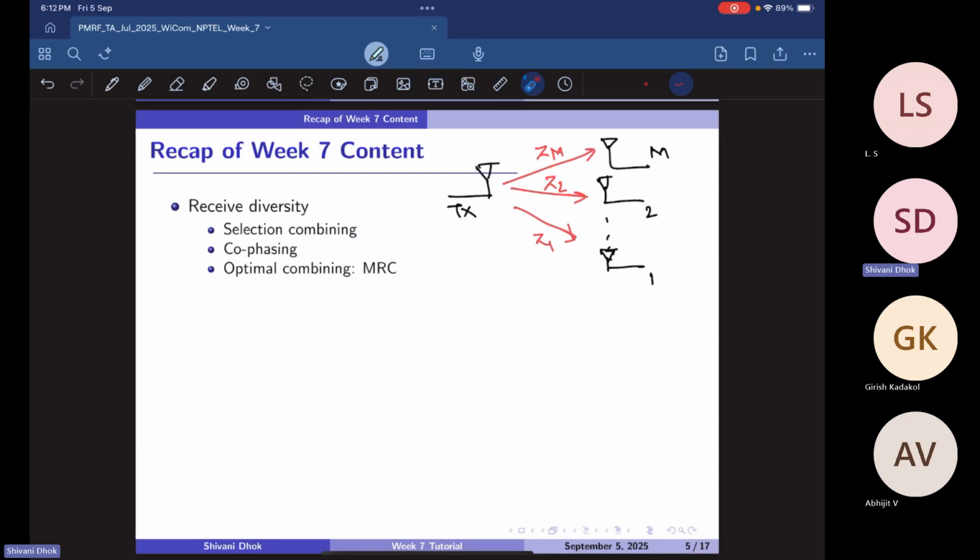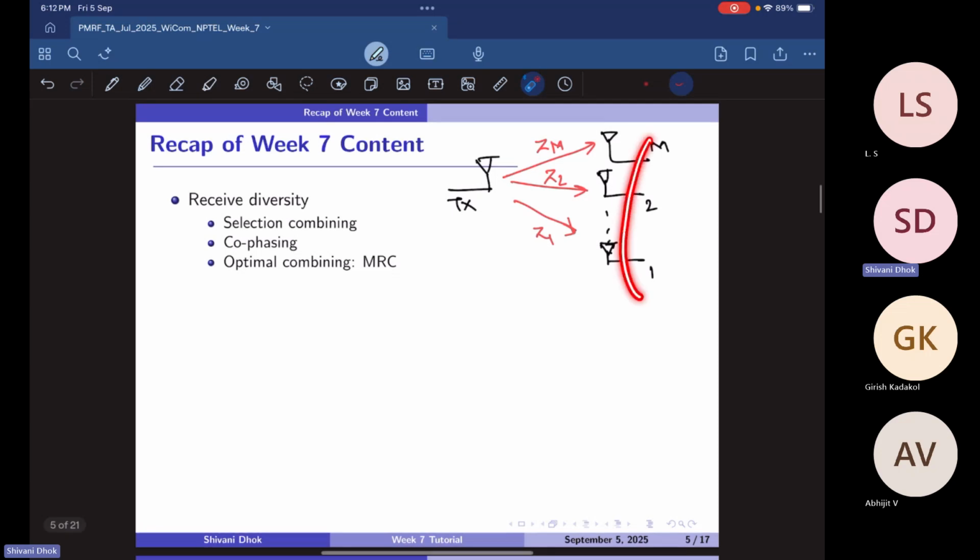Okay, and this diversity is most useful when we have independent channels. So for that we looked at three cases. The first one was selection combining. So in selection combining, what we say is, for each of these corresponding antennas, you have different channel gains, and for those channels you will see different instantaneous SNRs. So you select that particular antenna which has the maximum SNR.